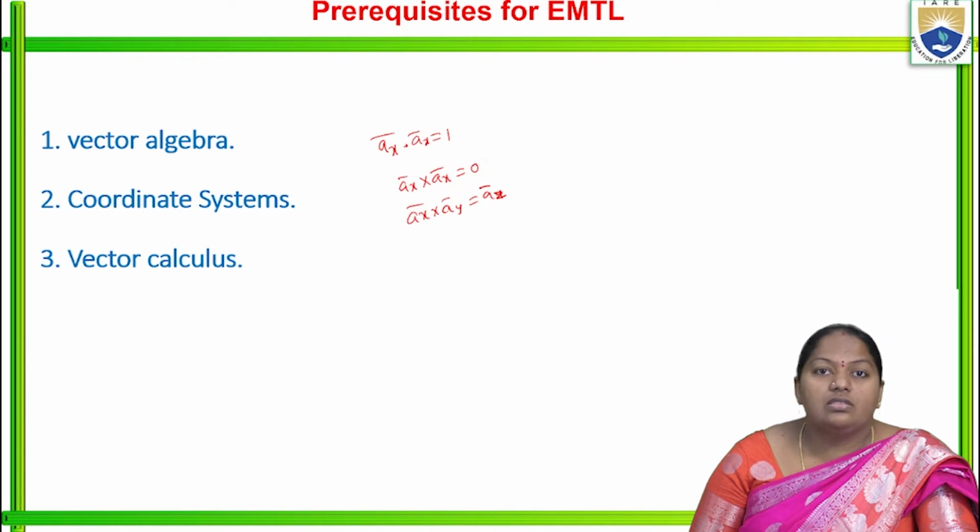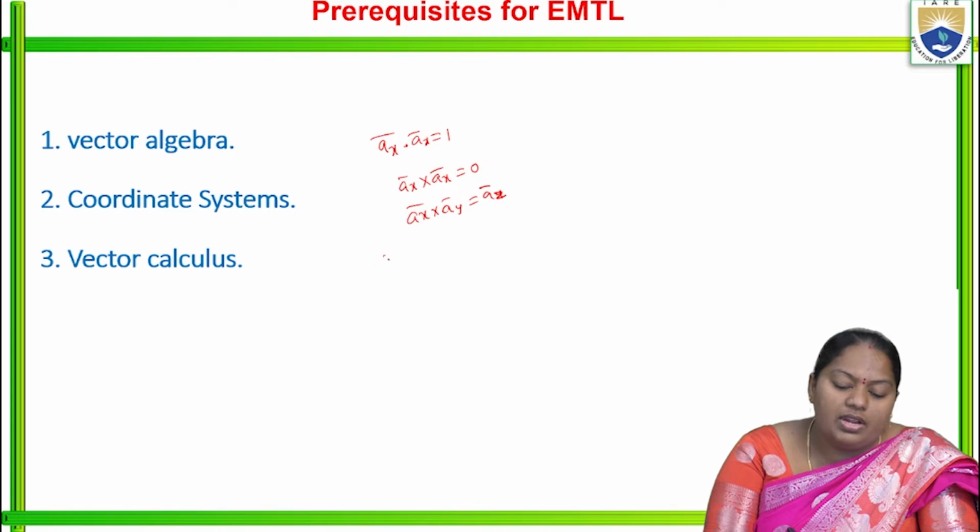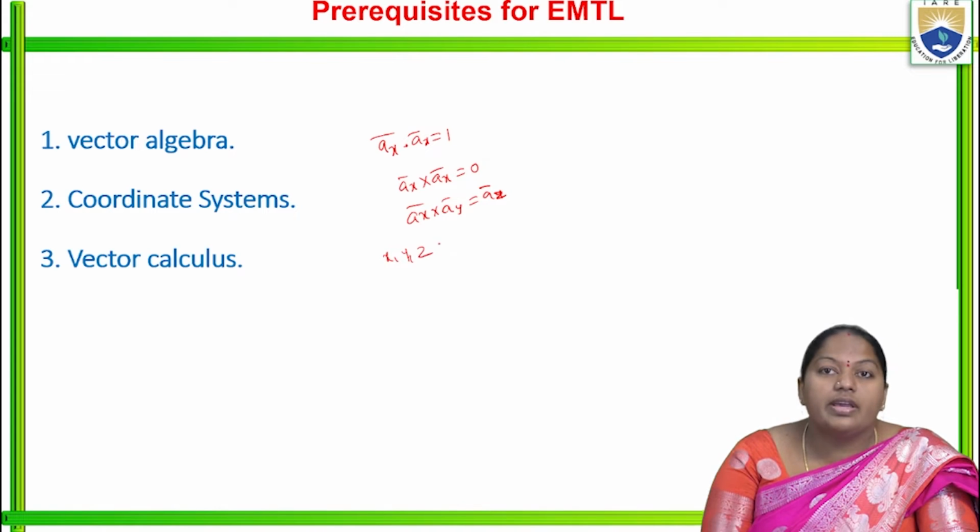Three types of coordinate systems we have discussed. For the Cartesian coordinate system, the variables are x, y, z. For the cylindrical coordinate system, the variables are rho, phi, z. And the last is the spherical coordinate system, also called the polar coordinate system, with variables r, theta, phi.